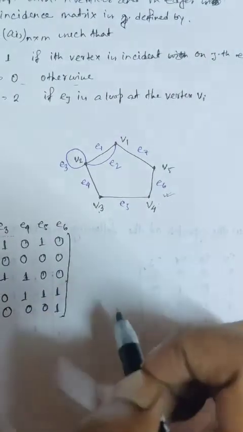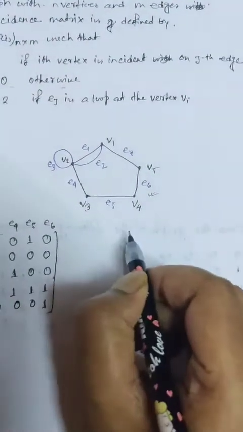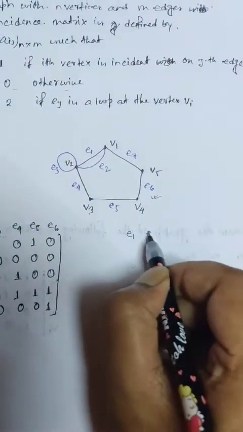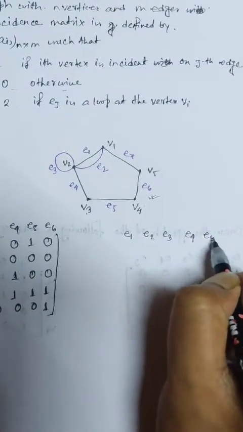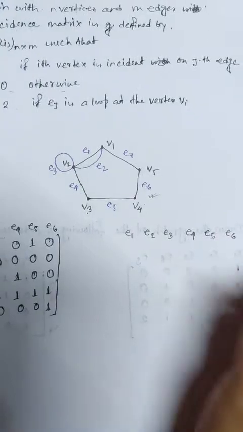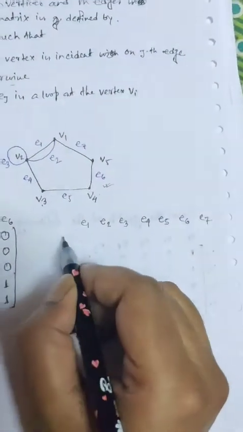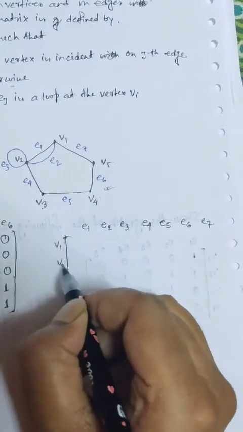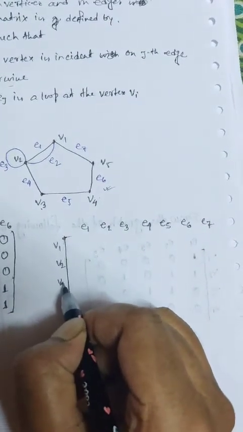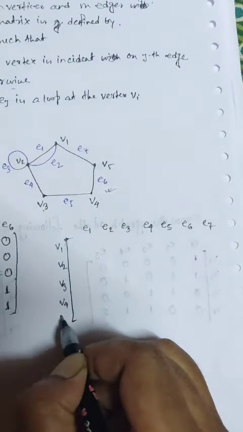There are 7 edges. So here we will write the matrix with E1 to E7, and here also V1, V2, V3, V4, V5.